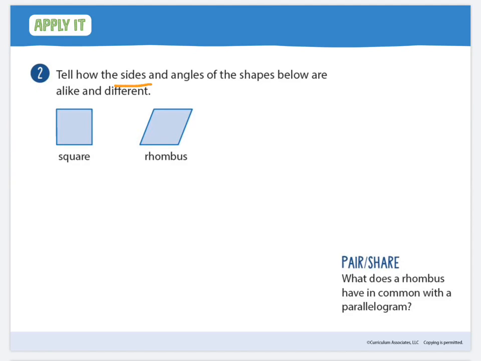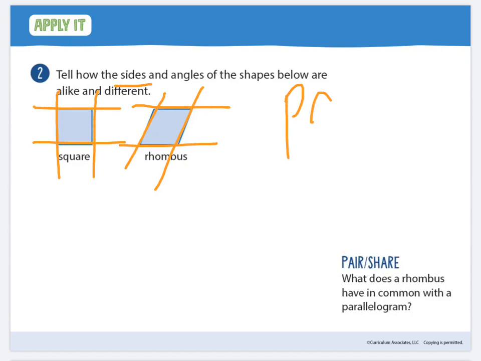The sides are alike because they run parallel to each other. Even though one is slanted and one runs up and down and side to side, both pairs of the sides in each of these shapes are parallel sides.